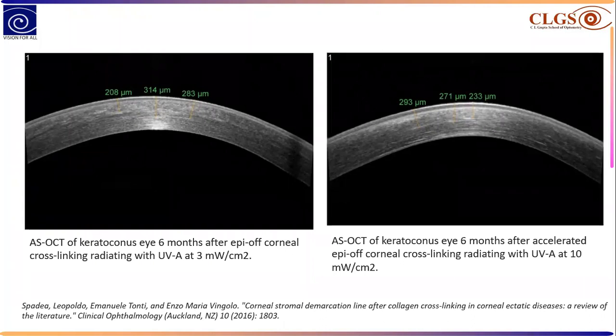Ectasia means the cornea is going to bulge out more over a period of time. If the corneal thickness is less than 400 microns, the surgeon can think of doing that, seeing the patient's overall condition, like how prone the patient is to progression. First, they want to see whether it is progressing in 1 year's time. If it is not progressing, they will not do it. But if it is progressing, CXL can be done.